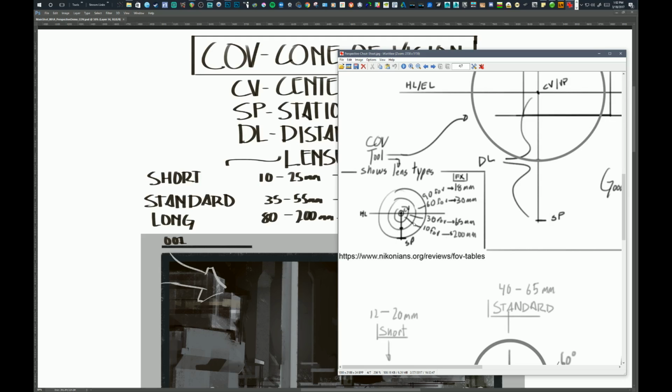Okay, so we have a 60-degree field of view right here, and then inside that we're looking at a 30-degree field of view, which is going to give us about a 65 millimeter lens, right? So if we're looking at a 35 to 55 millimeter lens, that means the canvas edges should be within the 60-degree and the 30-degree field of view. So if I created a canvas, my canvas would be something like that, and I can probably say that it would be somewhere between 35 and 55 millimeters, which is standard.